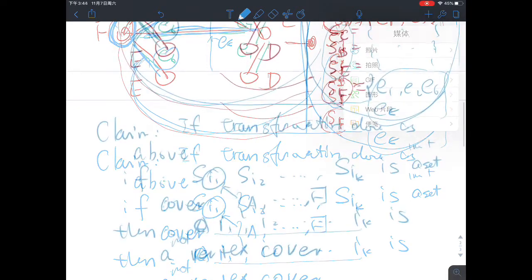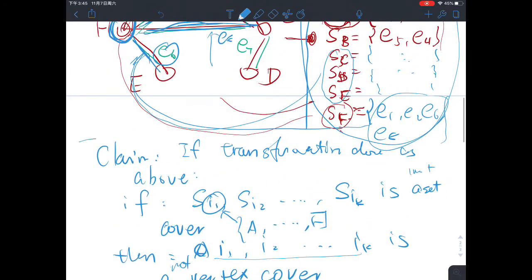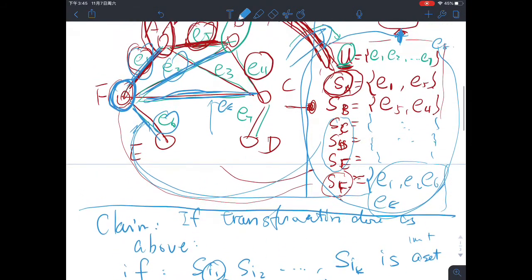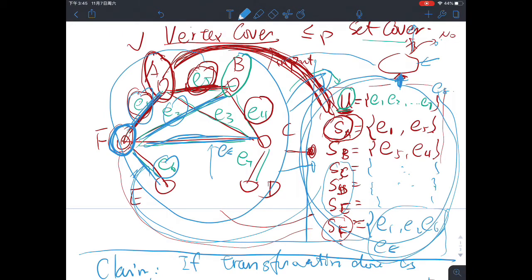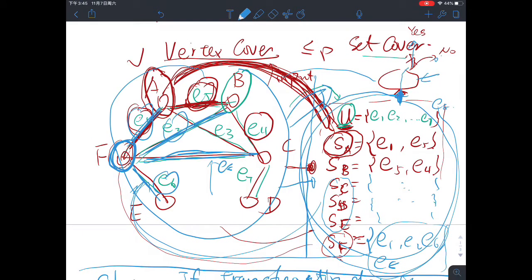Let me restart my screen. Let me repeat what I am doing here. What we did just now is that we are given a vertex cover instance, and we compile that down to a set cover instance. Then we want to claim that if the set cover instance, when fed into the solver, outputs yes, then the vertex cover problem is also a yes instance.